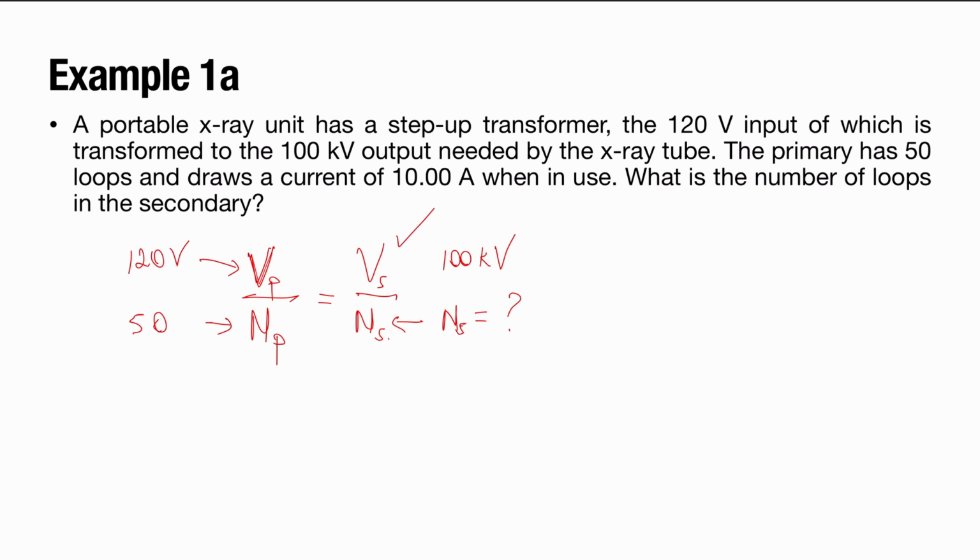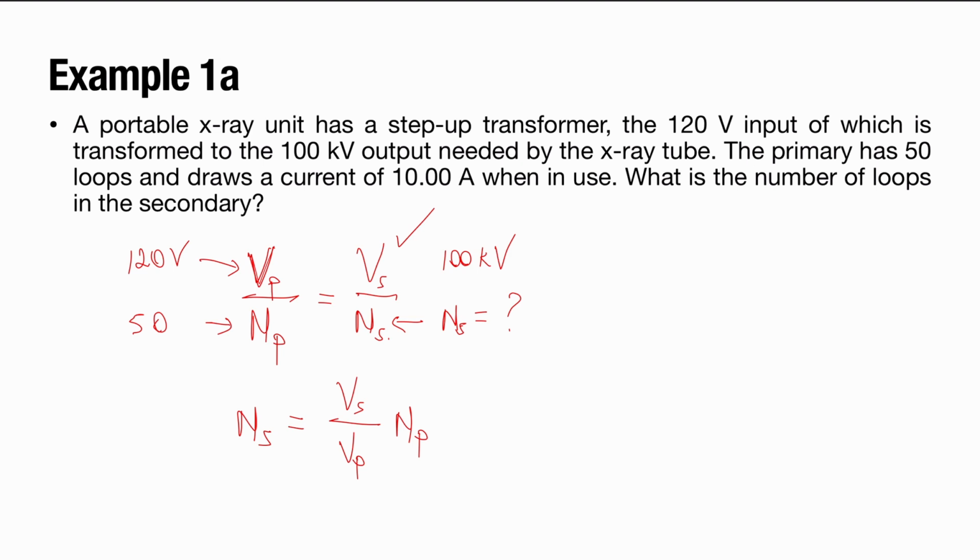Therefore, we're able to determine what NS is going to be. I'm sorry about that, I'm almost making a mistake now. So NS equals VS over VP times NP.